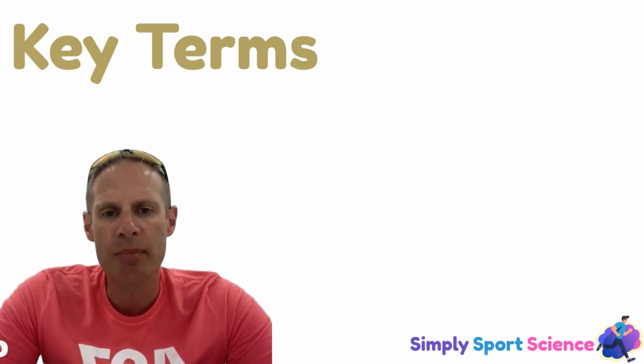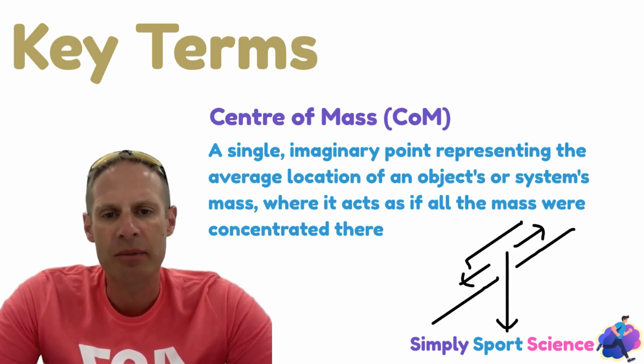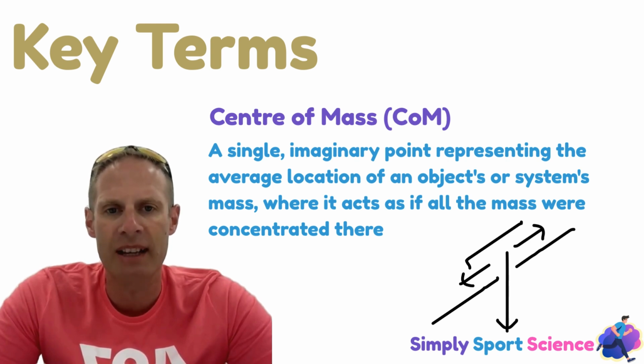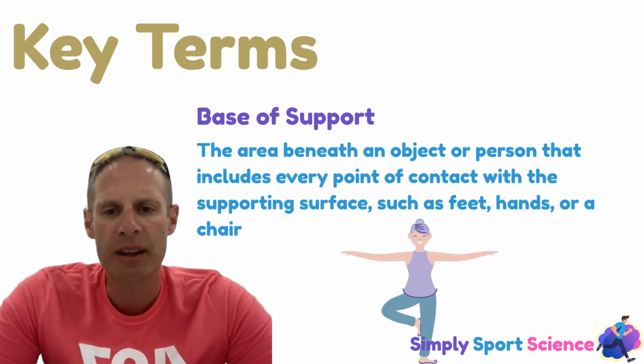But to go beyond these basics, we need to unpack some key biomechanical terms. Centre of mass, which is sometimes known as COM. This is the point where your body's mass is evenly distributed, and it's usually around the belly button when standing upright. Base of support, the area beneath you that's in contact with the ground or equipment.